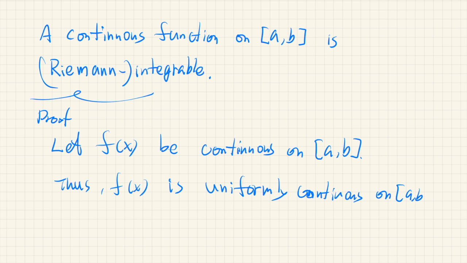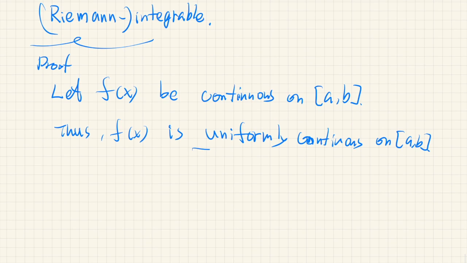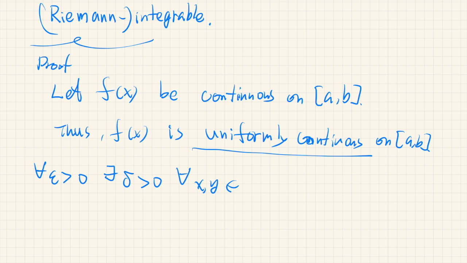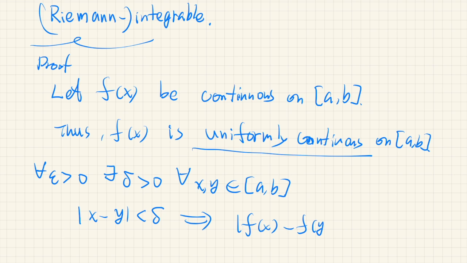On the same interval. So what this means is, uniformly continuous means, for any epsilon positive, there exists some delta such that for all x and y in this interval, if the distance between x and y is less than delta, then the difference between f of x and f of y is less than epsilon.